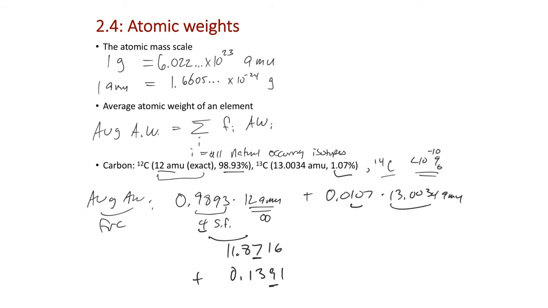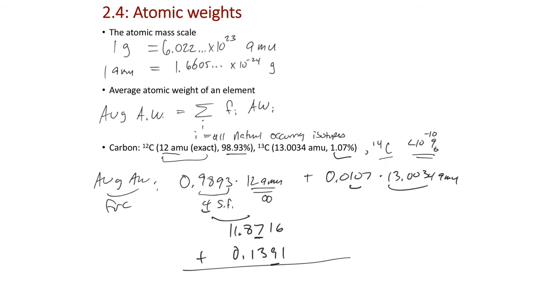And that's only good to the 3rd sig fig in that value. So when I do my addition, I have hundredths place plus thousandths place. I'm rounding to the less precise placeholder, which is the hundredths place. So if I add these up, this would come out to be 12.01.